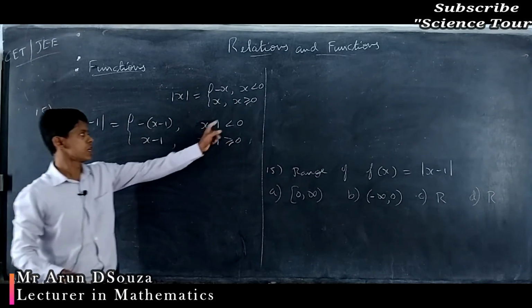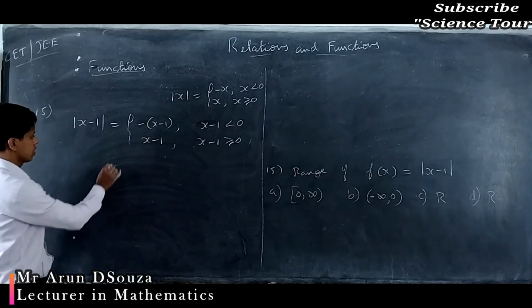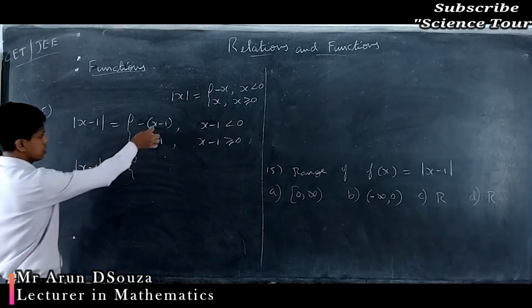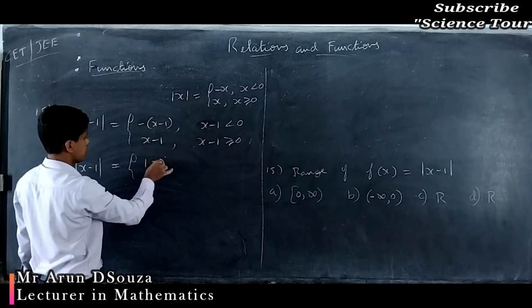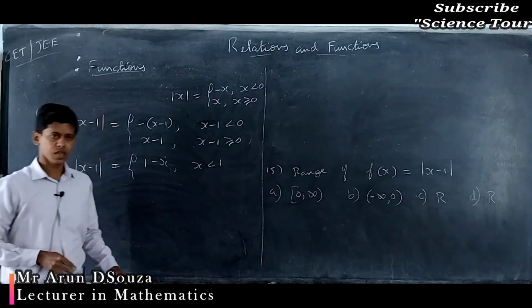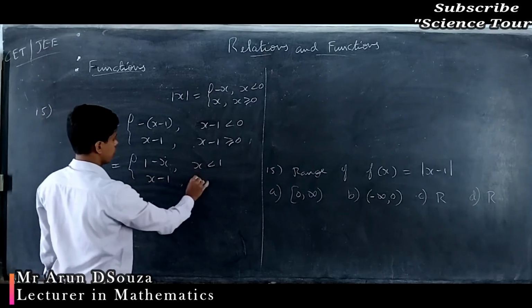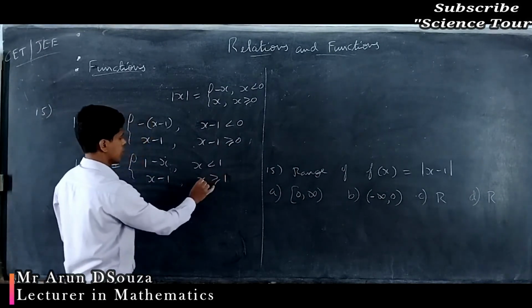Now let me take this minus 1 to the other side, and multiply the minus inside. So this is 1 minus x, and this goes to the other side and becomes x less than 1, and here you have x minus 1 if x is greater than or equal to 1.